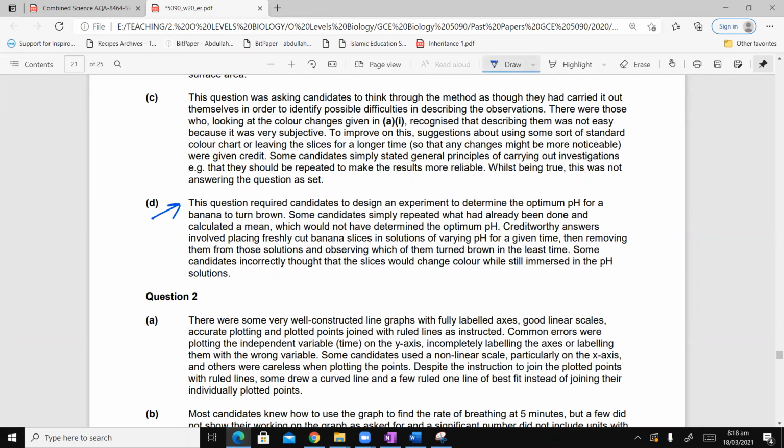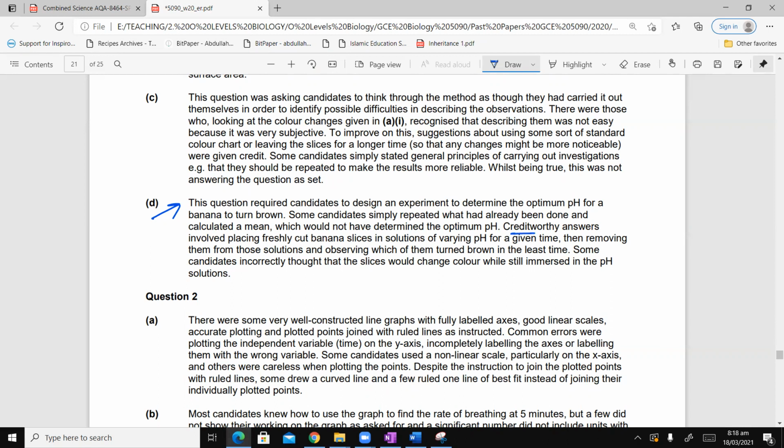It says this question required candidates to design an experiment to determine the optimum pH for banana to turn brown. Some candidates simply repeated what had already been done and calculated the mean, which would not determine the optimum pH.